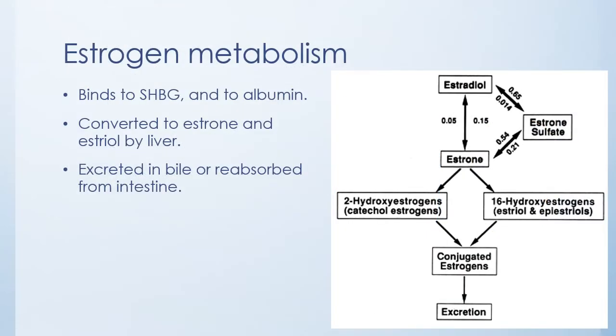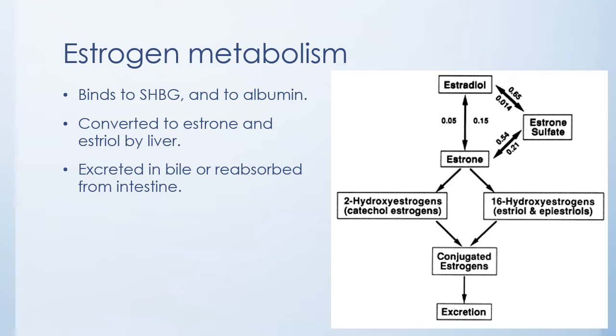Estrogen also binds to sex hormone binding globulin, which I think I've introduced earlier. It also helps in transporting testosterone, and it transports estrogen. You also have albumin, which transports almost anything in the body that needs transport.